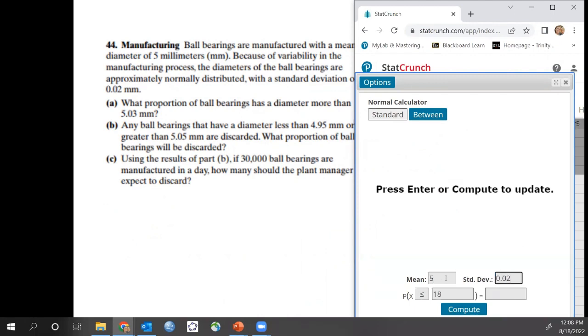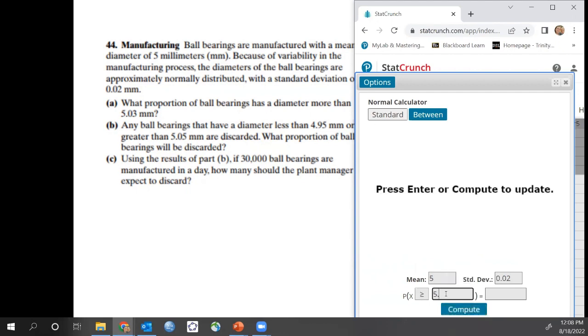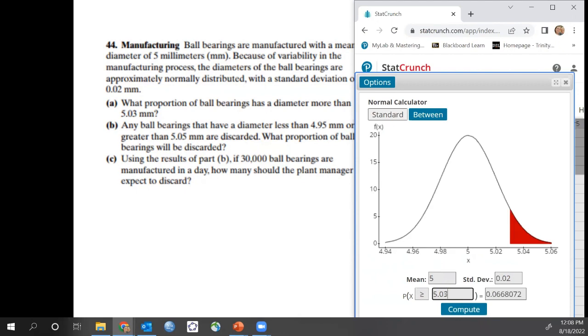All right, what proportion of ball bearings has a diameter more than 5.03? So more than means greater than, and I have 5.03. Okay, so you'll see here my standard deviations marked. 5.03 is exactly between here, so it's like 1.5 standard deviations above normal. And we get 0.0668.